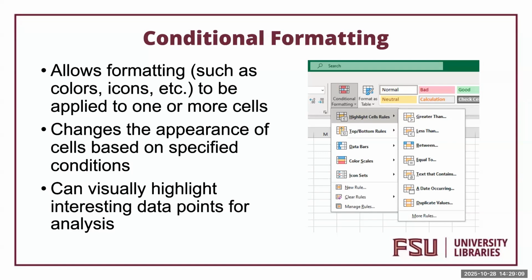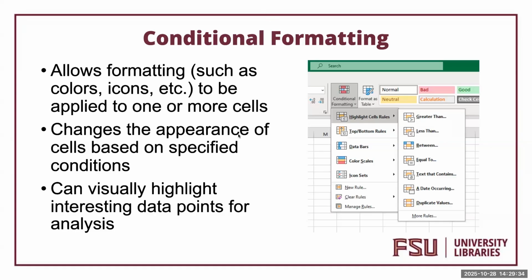This formatting, such as colors or icons, can be applied to one or more cells. And this allows you to highlight or change the appearance of cells to visually highlight interesting points for data analysis or to help you sort your data.